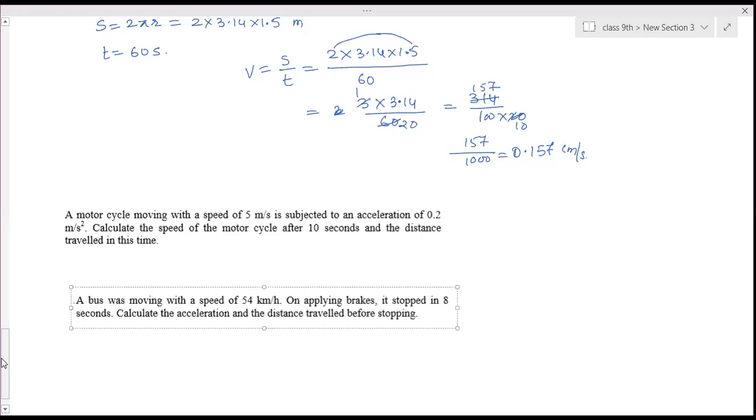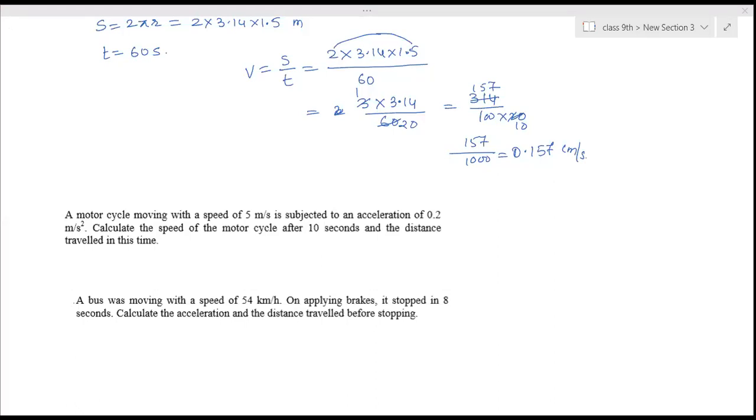Ma'am, is it minus 15 by 8 meter per second square? Yes, right. Ma'am, I got 40 meters as distance.